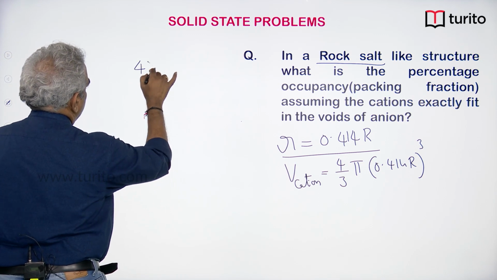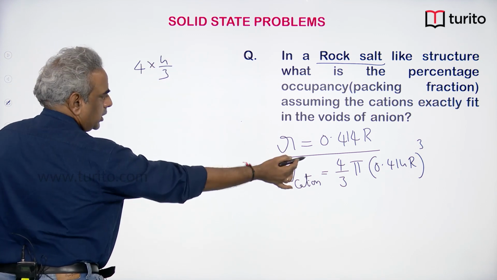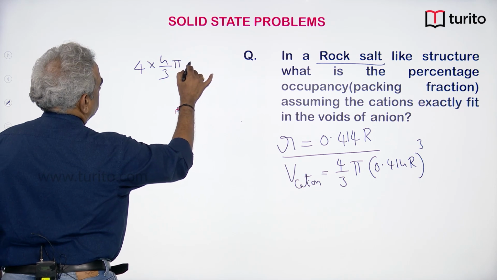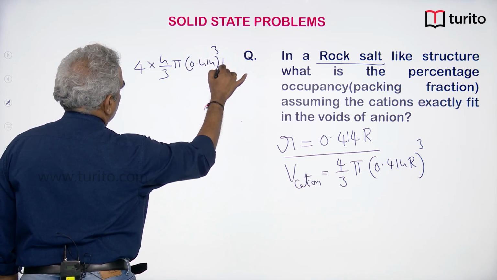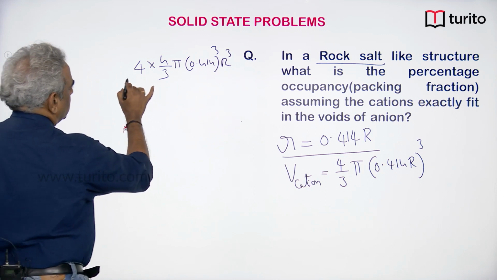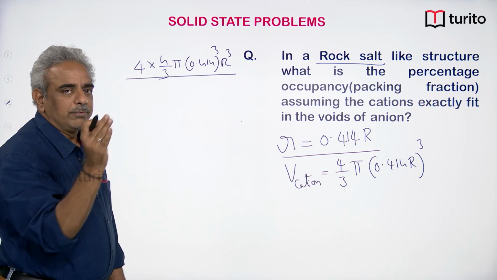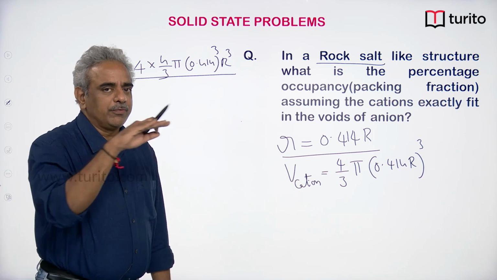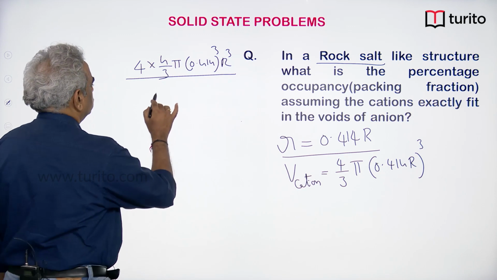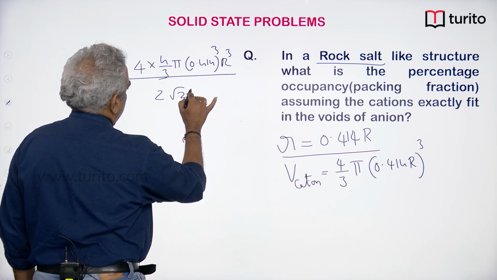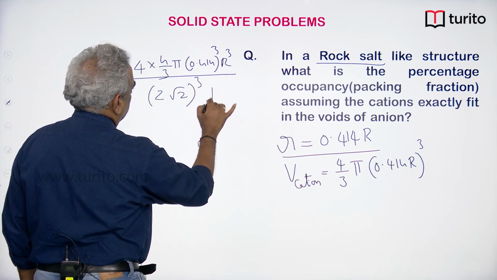So, 4 into 4 by 3 pi 0.414 cube R cube, divided by the volume of the unit cell. Volume of the unit cell is edge length cube, and the edge length is 2 root 2 R. So, 2 root 2 cube R cube.